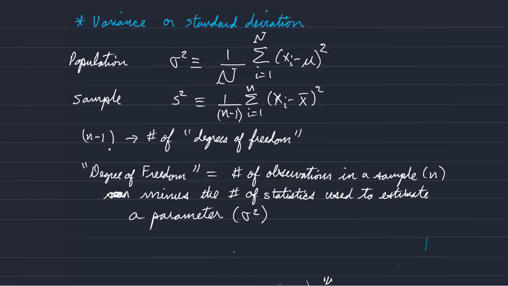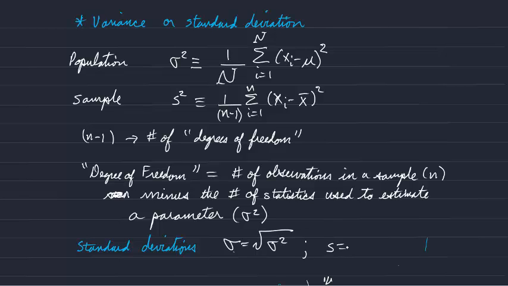So the standard deviations are sigma, and that's just the square root of the variance of the population, and s, and likewise that's the square root of the sample variance.